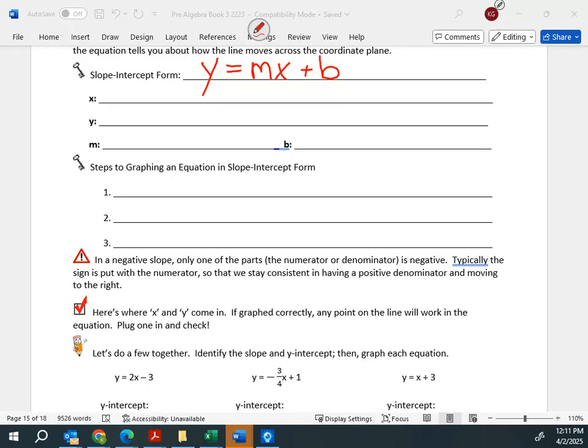So the x is the x value of any ordered pair on the line. Any wild guess on what the y is? What do you think, Robbie?